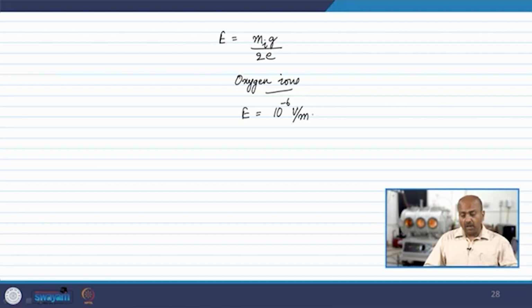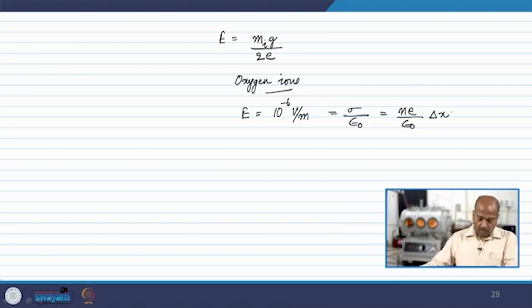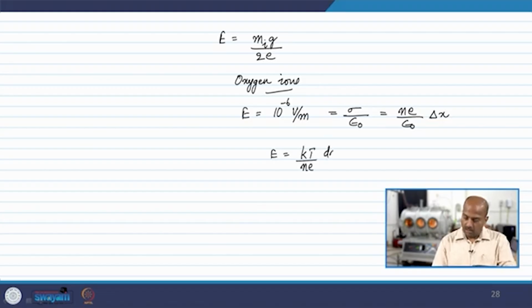Correspondingly, if you want to find out the surface charge density, we can write the electric field as sigma by epsilon naught, or the number of charge carriers per unit volume multiplied by the charge times delta x. We can use E as kT by Ne dN by dH.